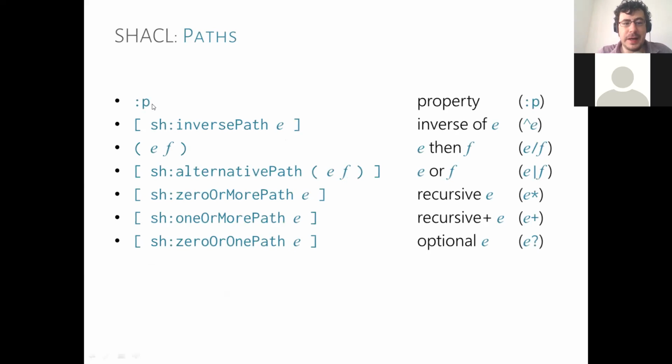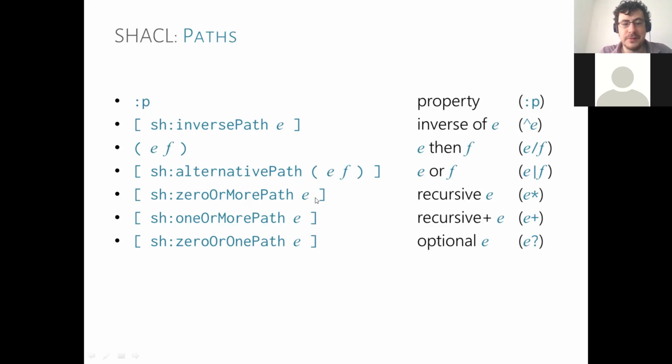So we can have a property, or an inverse of a property, which we need to write in RDF, so we use Turtle for this. This is the inverse path of E, the inverse of E, which in SPARQL looks like this. We can have a sequence, so E followed by F, where we write E/F in SPARQL. An alternative path, which is E or F, which we write in SPARQL like this.